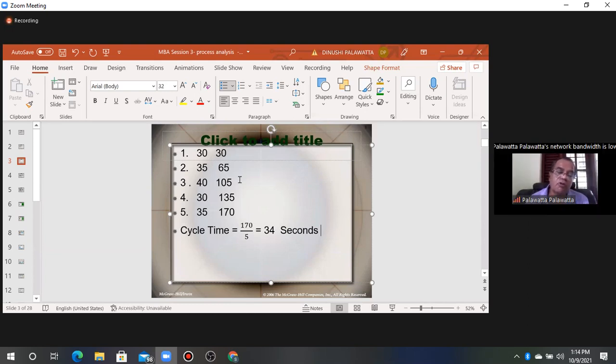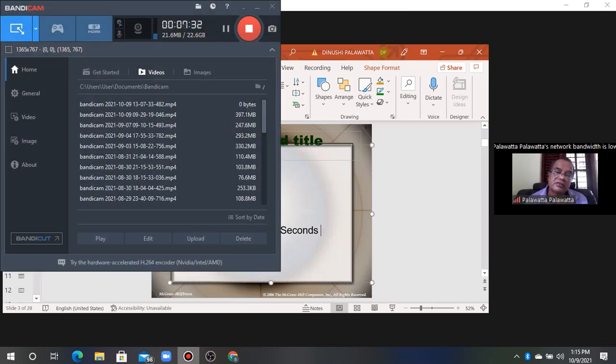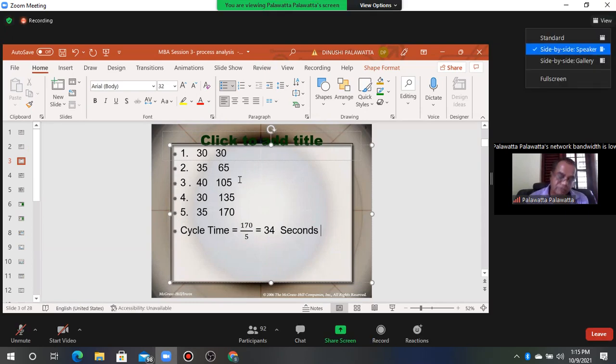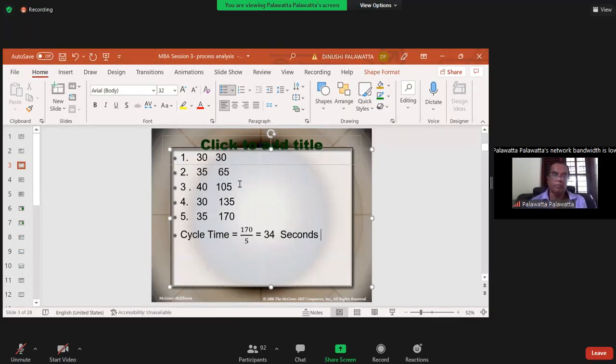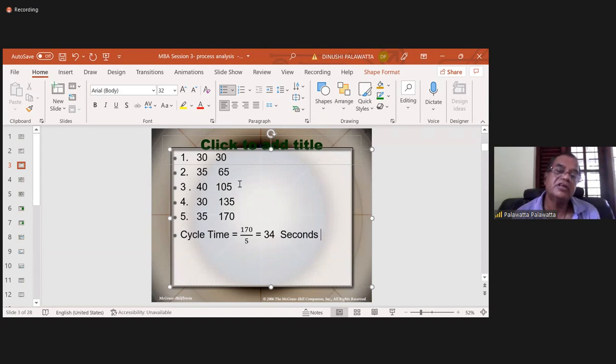Maybe you can use a stopwatch, and start the moment the previous one is over. Start the watch, and once it is finished, you stop the watch, and then again start the watch for the next one. That is the way to calculate the time for successive items. And the cycle time is the average time between successive items. So this is how we calculate.